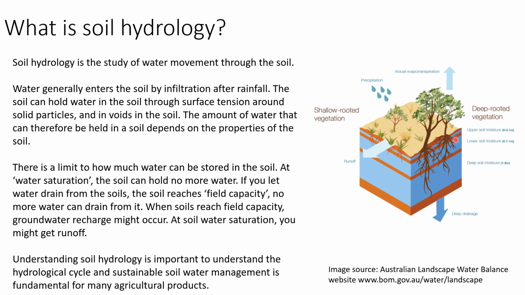In this model, water is moved between an upper, a lower, and a deep soil moisture term. When field capacity is reached and you might get water movement through the macropores, then you might get this deep drainage term down to the groundwater. And when saturation occurs, you might get water ponding on the surface, and you might start to get overland flow or runoff, which is this term here.